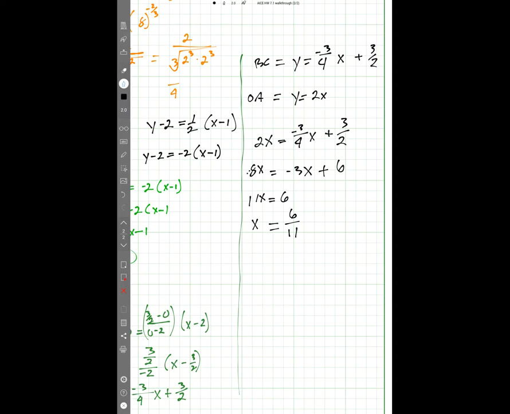And since OA goes from (0, 0) to (1, 2), the midpoint is going to be x equals 1/2. 6/11 is not equal to 1/2.